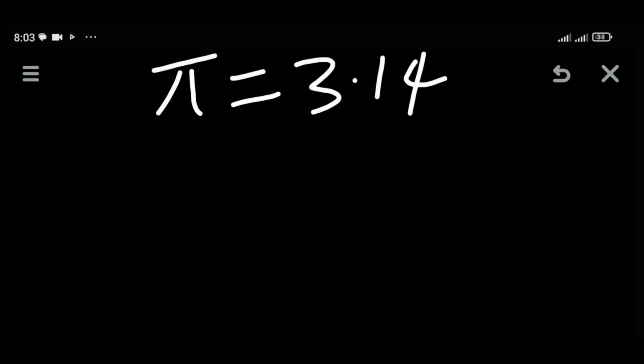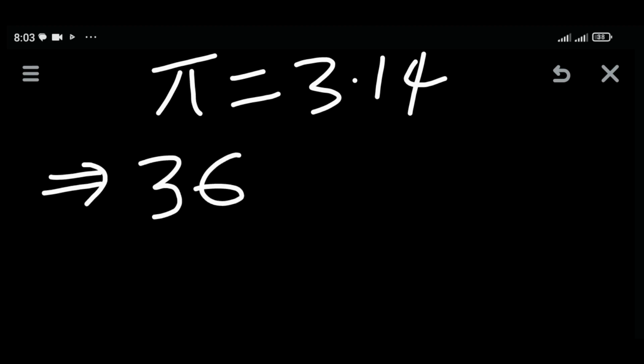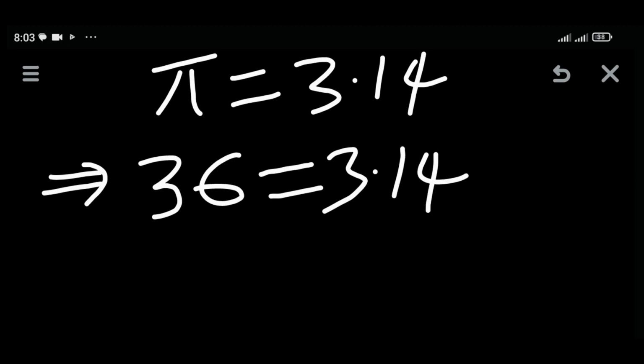But our pi is equal to the constant 3.14. So this implies that 36 square meters equals 3.14 multiplied by radius power 2.